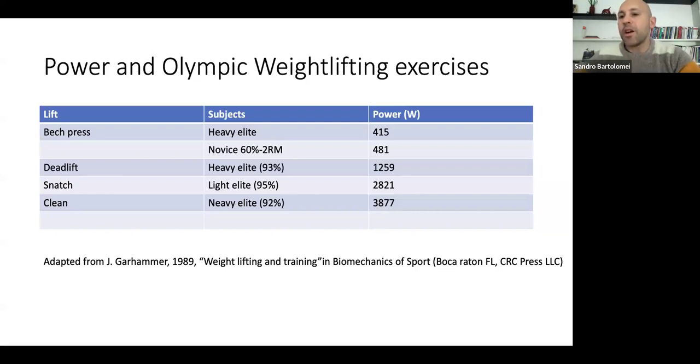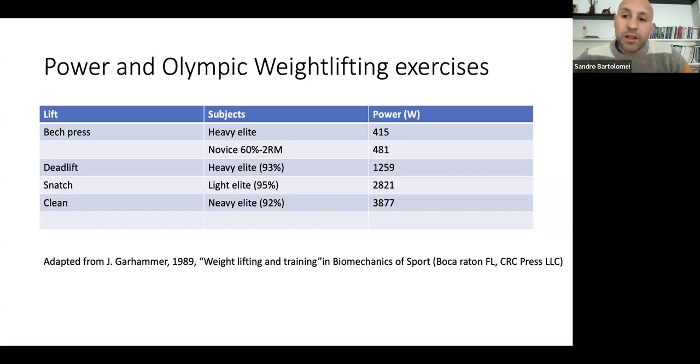So basically, if you increase your 1RM, but your production of power is the same, just because you are using a better Olympic weightlifting technique, that is not going to produce an additional improvement in your own sport-specific performance. Okay, so that is good if you are a weightlifter.